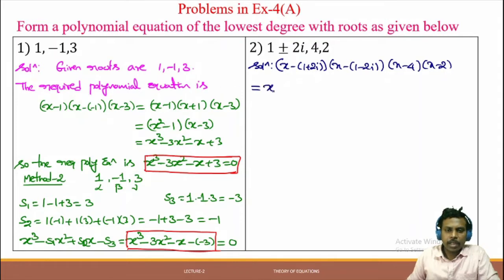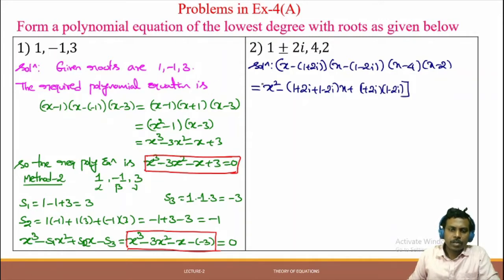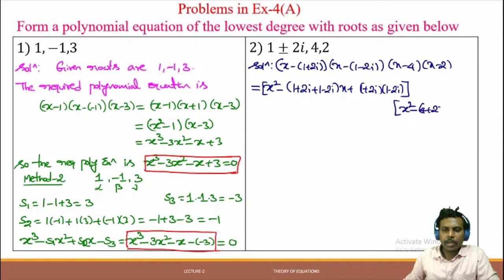So this can be written as x square minus sum of the roots 1 plus 2i plus 1 minus 2i into x plus 1 plus 2i into 1 minus 2i. So this is the product of the first two terms into the product of the next two terms is x square minus 4 plus 2 into x plus 4 into 2.